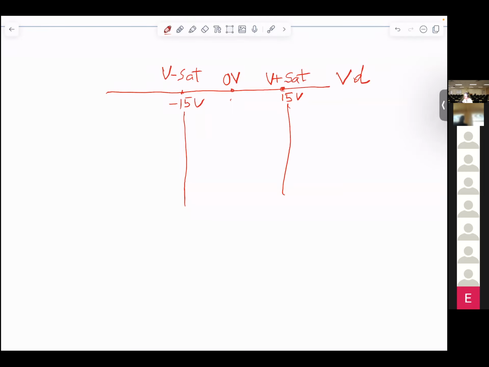So, if the voltage difference is higher than minus 15 volt and less than 15 volt, you want the V out equal VD times the gain, A OL.